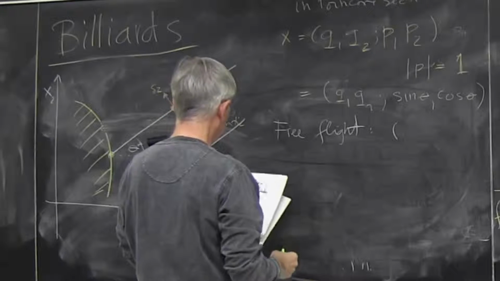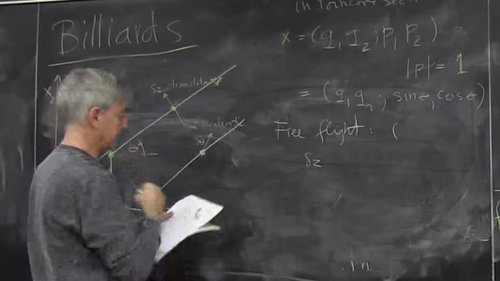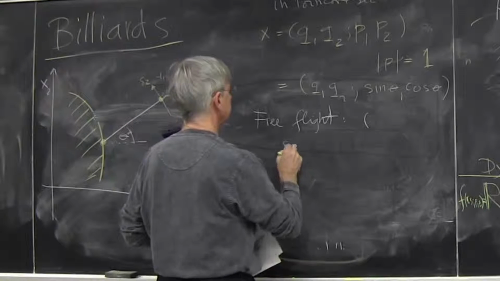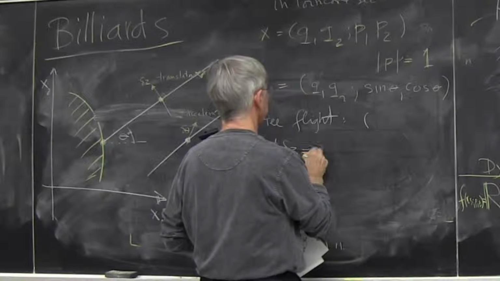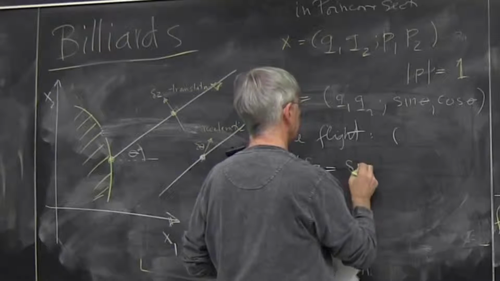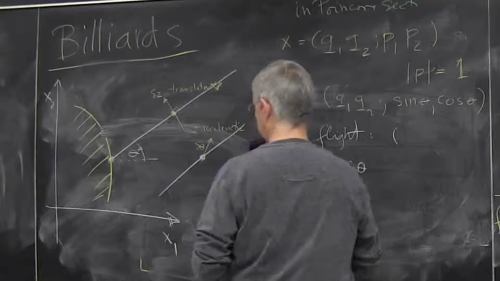In free flight, Hamilton equations are very simple. dz, this transverse coordinate, is just proportional to the momentum change.